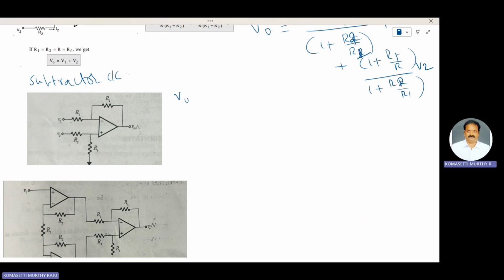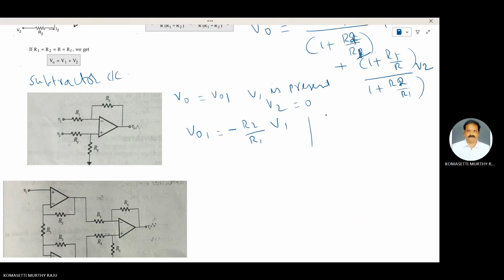Therefore, output voltage V0 is equal to V01. V01 is equal to minus R2 by R1 into V1.